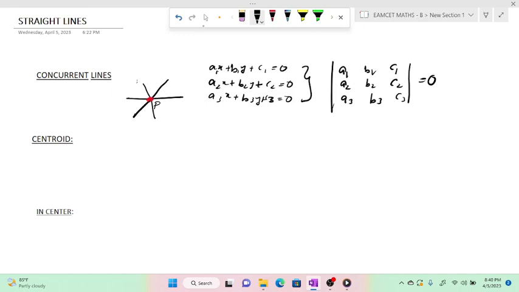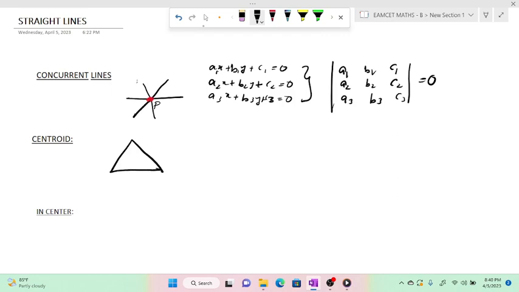Next, centroid. Centroid means the point of intersection of the medians, that is, the point of intersection of any two medians of a triangle.